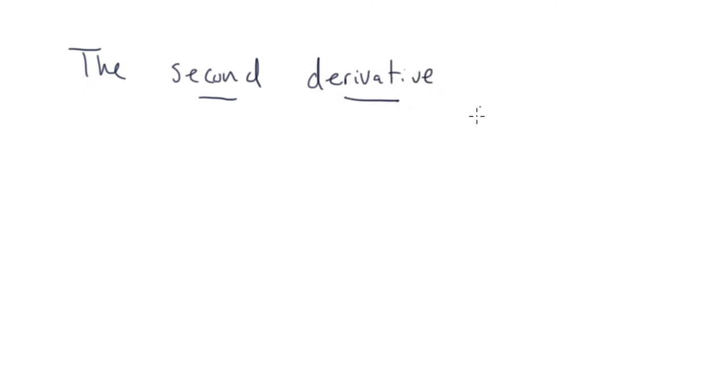This is just the silliest definition to me. The second derivative of a function f of x, denoted, so the derivative was f prime of x, so the second derivative will be f double prime of x.